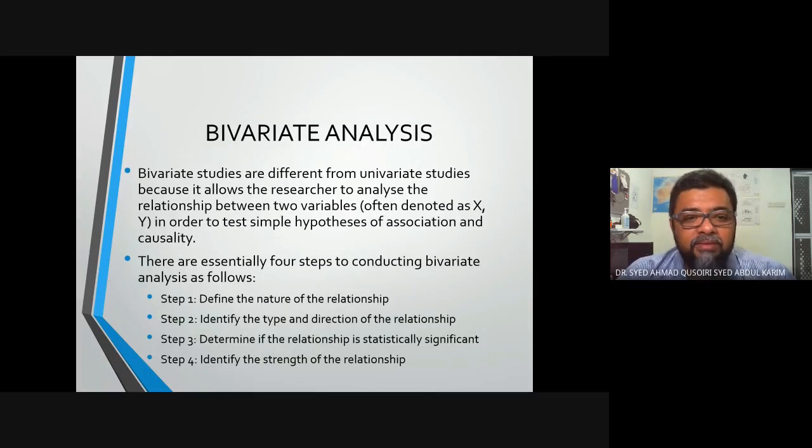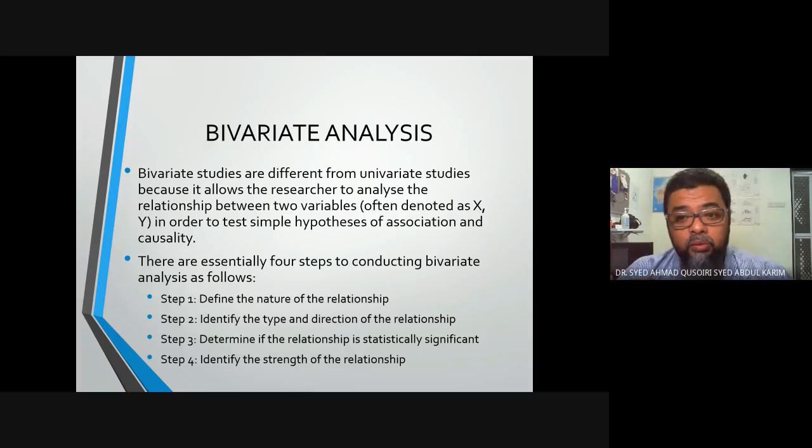So the bivariate studies are different from univariate studies because it allows the researcher to analyze the relationship between those two variables. If we can still recall, the objective of univariate analysis is just to describe that one variable.